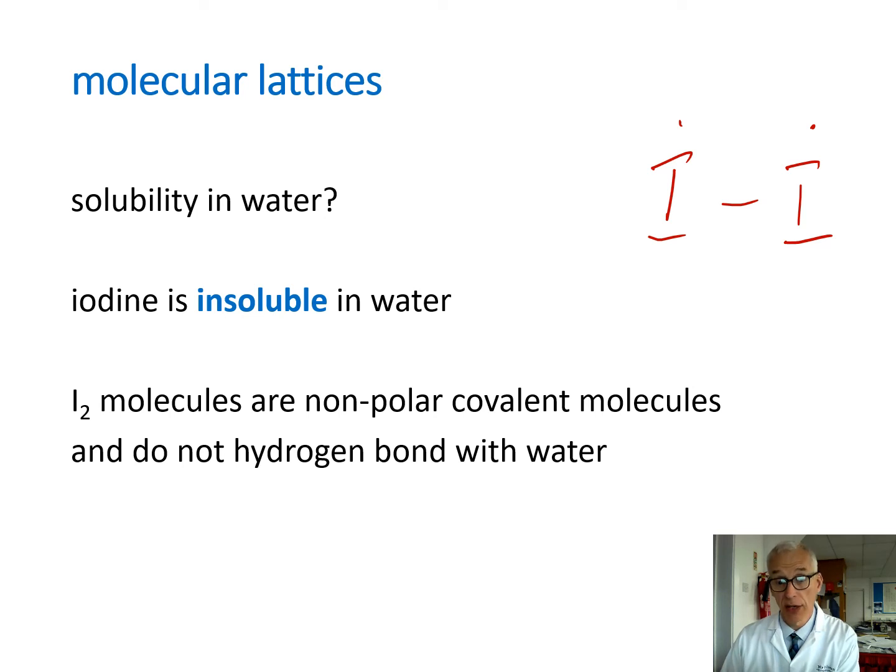They certainly cannot hydrogen bond with water, and therefore the intermolecular forces formed between iodine and water are very weak. So I think as an initial idea, although more detail will be needed in year 13, when we look at ionic compounds and solubility in more detail, the simple notion that will account for the lack of solubility of iodine is that it is not able to hydrogen bond with water.